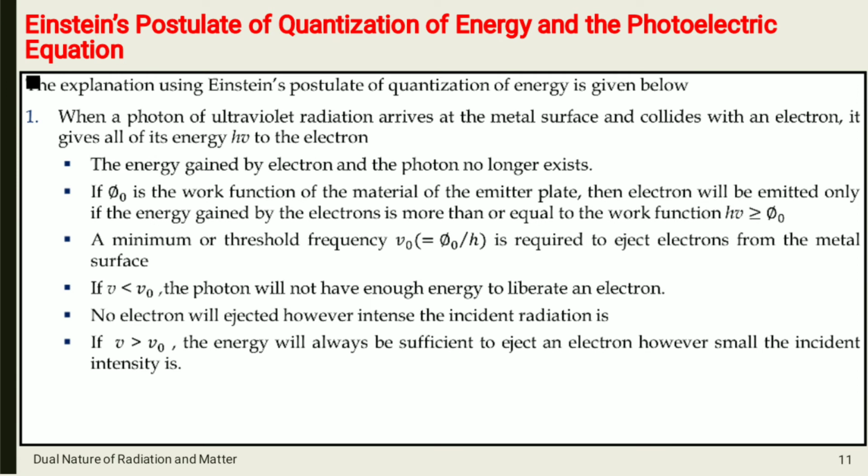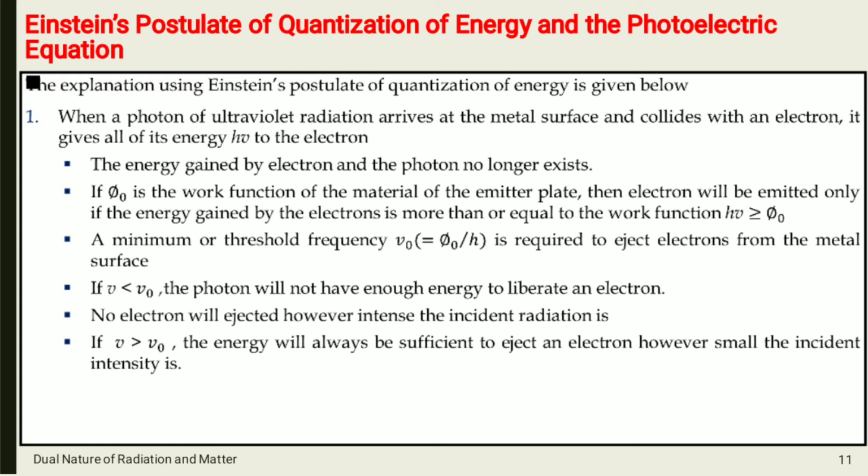So we are going to start with the first postulate of Einstein, that is, when a photon of ultraviolet radiation arrives at the metal surface and collides with an electron, it gives all of its energy h nu to the electron.